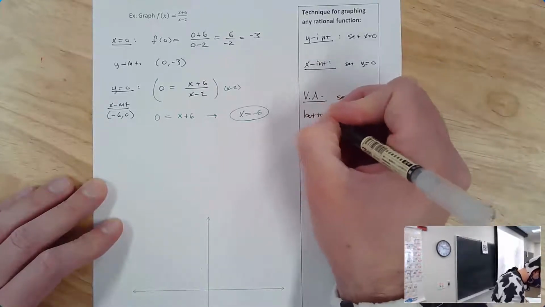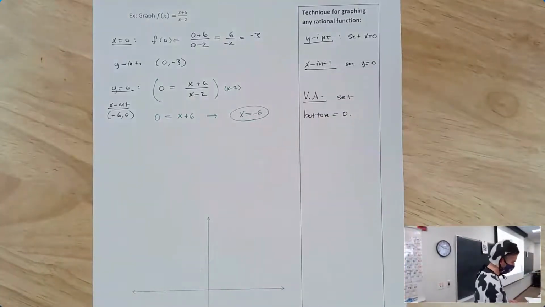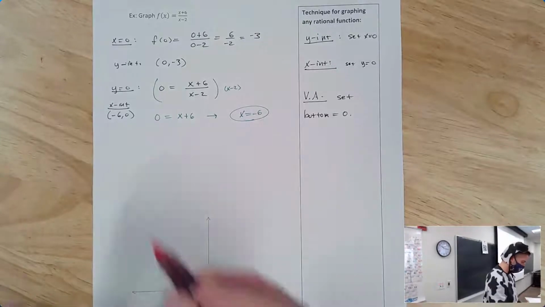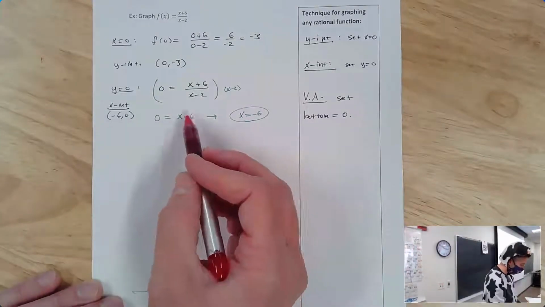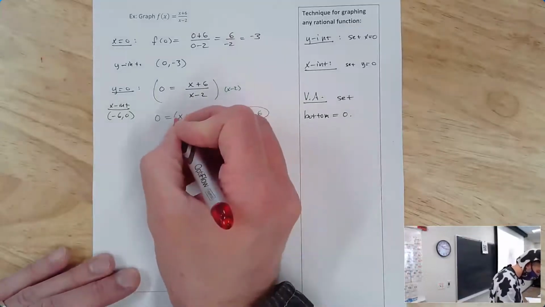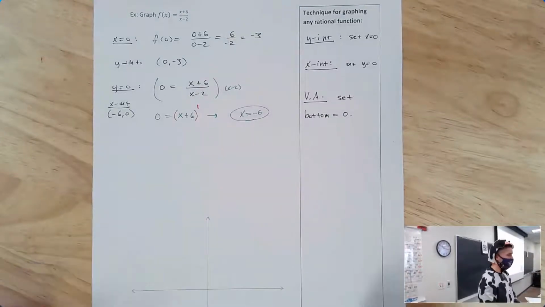Oh, let me back up for just 1 second. I should also mention that just like with polynomials, x-intercepts for rational functions do have a multiplicity that has the same sort of behavior. So if you look at this x-intercept, -6, which came from setting x plus 6 equal to 0, I know it's not there, but there is a power of 1, which means our x-intercept has what kind of multiplicity?